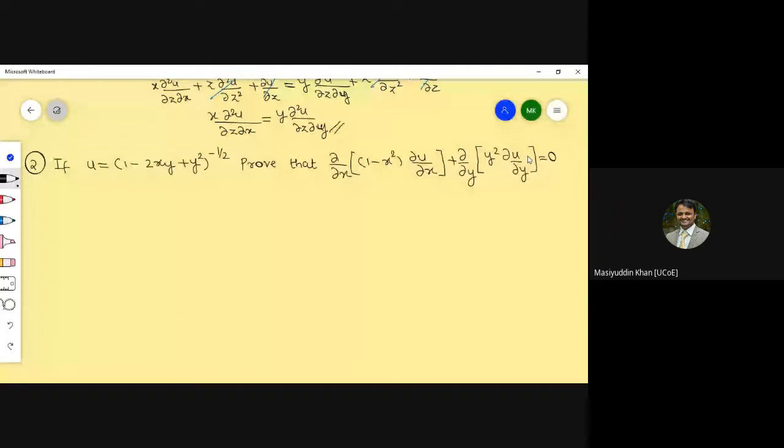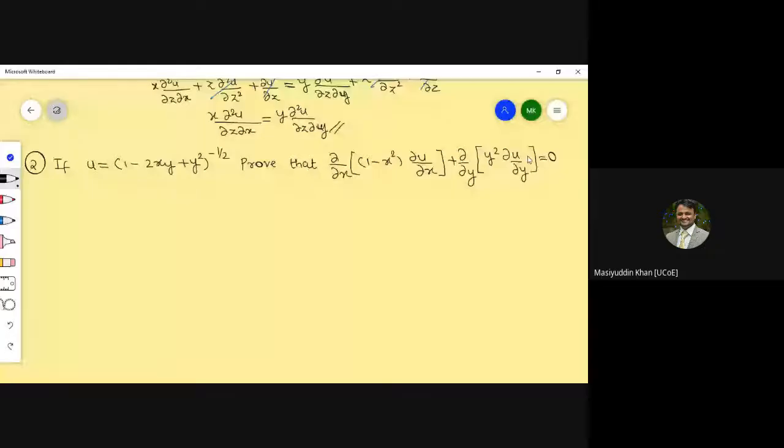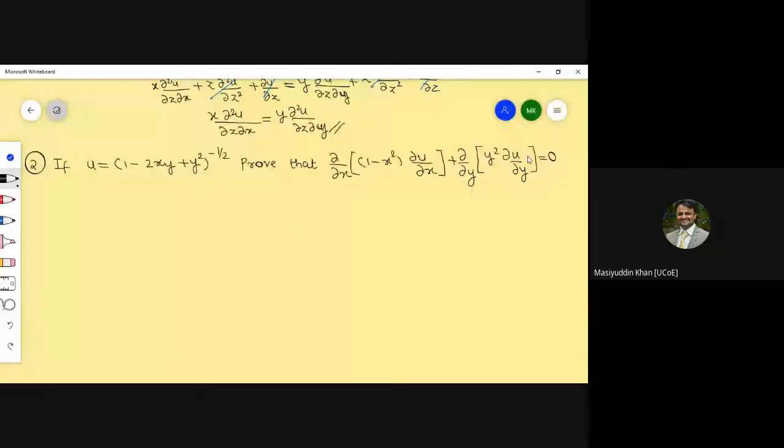इसमें क्या करना है, if you just observe this part, the given question is: if u is equal to 1 minus 2xy plus y, then we have to prove whatever the condition or whatever the proof asked in the question. So first we have to differentiate the function properly.